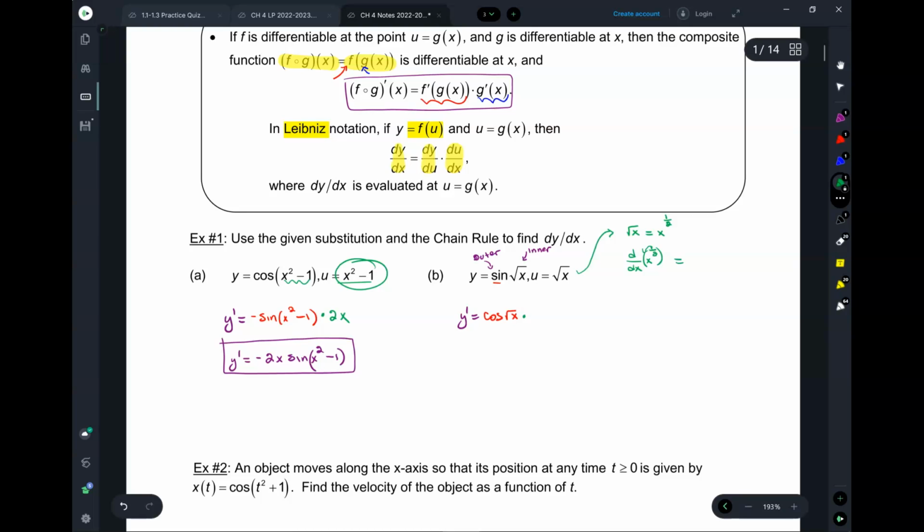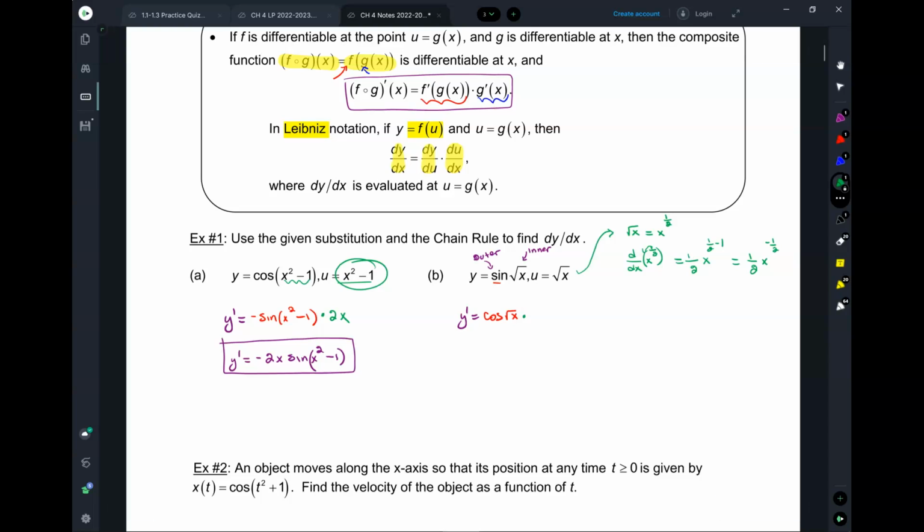The 1/2 comes down. So now it's x to the power of 1/2 minus 1. Okay? Remember, you always do the same thing. Exponent comes down, subtract a 1. This will be 1/2. X to the power of 1/2 minus 1 is -1/2.